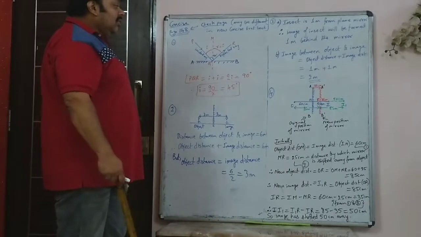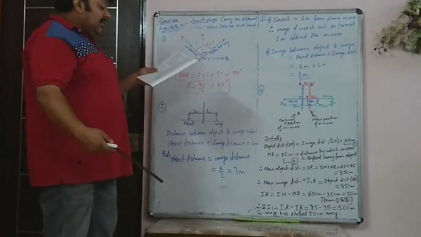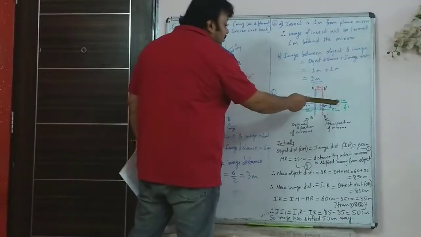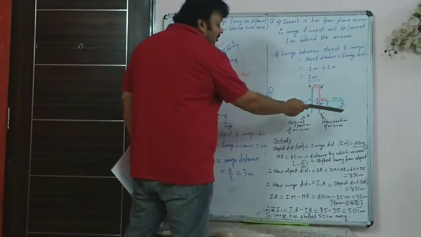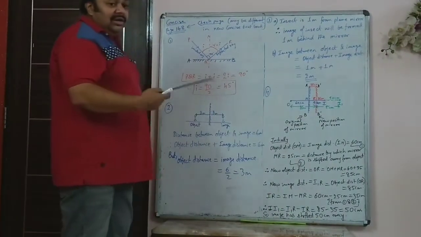Now finally they have asked you to find how the image shifts from its previous position. You are asked to find the distance. The first position of the image was I and the second position is I1. So you are asked to find the distance between I and I1.